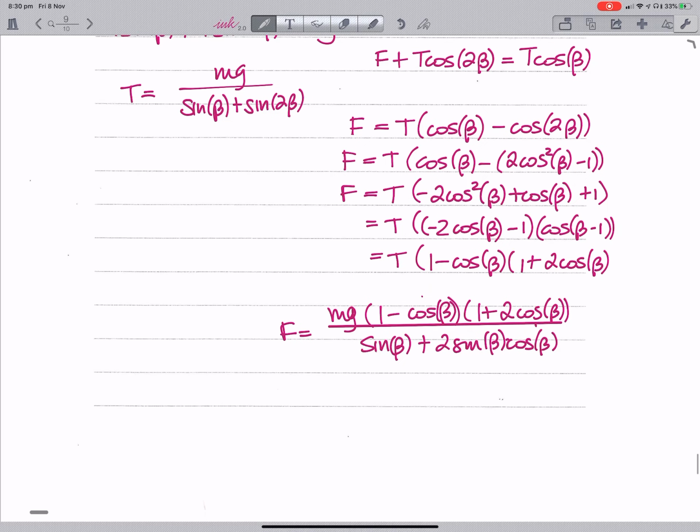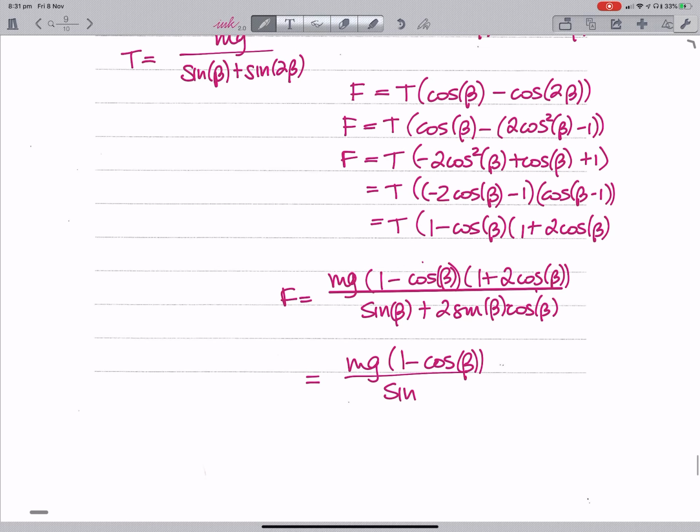You can see if we take out sine beta on the bottom, we get mg 1 minus cos beta over, that will cancel with the other one. So we end up with sine beta, which is what we want.